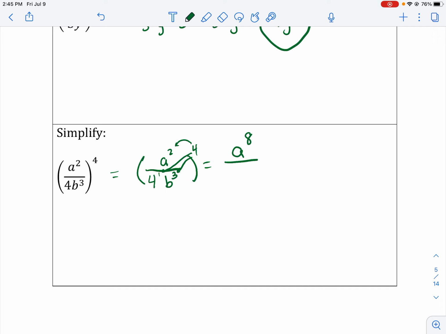So I have a to the 8th over 4 to the 4th times b to the 3rd. And again, there is some more simplifying here that we can do. So a to the 8th stays a to the 8th. 4 to the 4th equals 256. 4 times 4 times 4 times 4. And b to the 3rd. There is no more simplifying left.